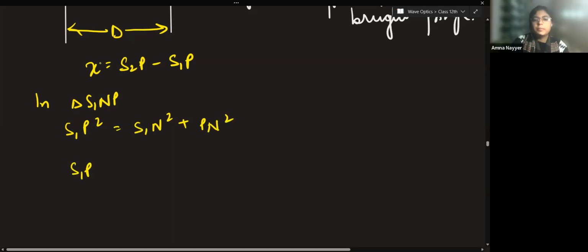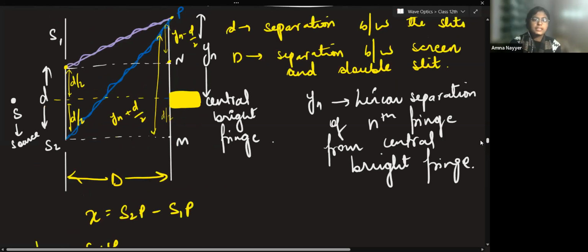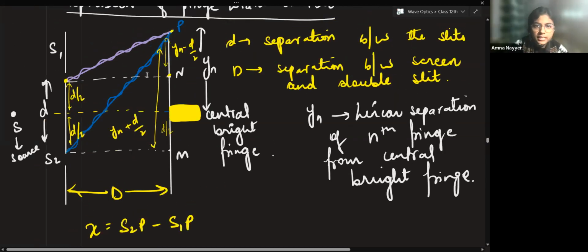Now see, S1N is this separation. Let me show you the front paper. See, S1N is this capital D. Fine, this is S1N. And PN is Yn minus d by 2.